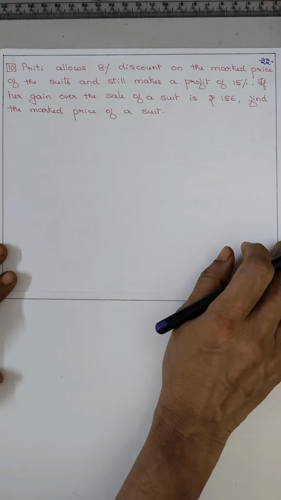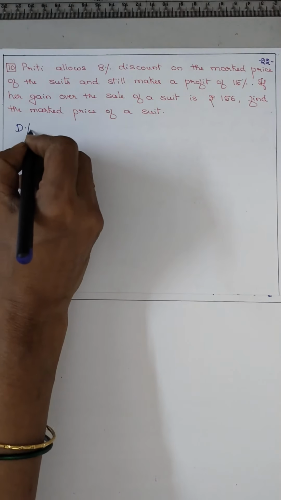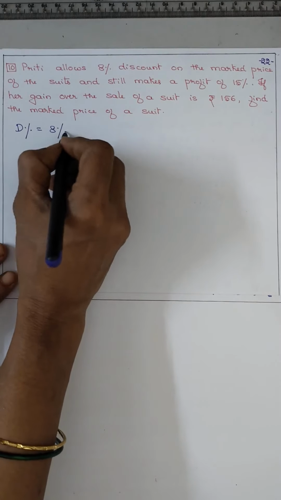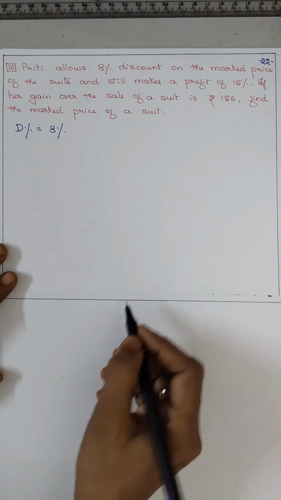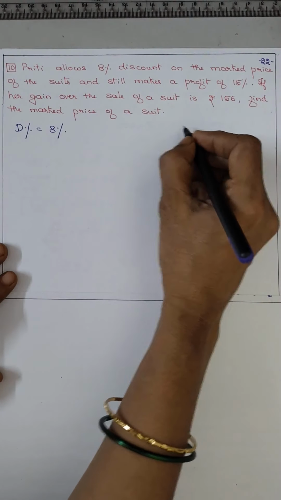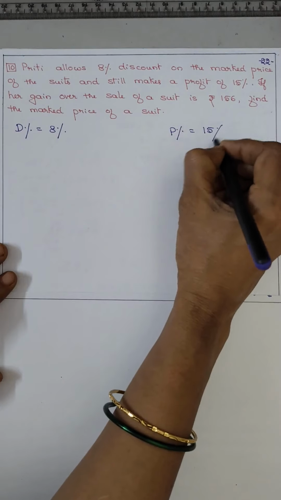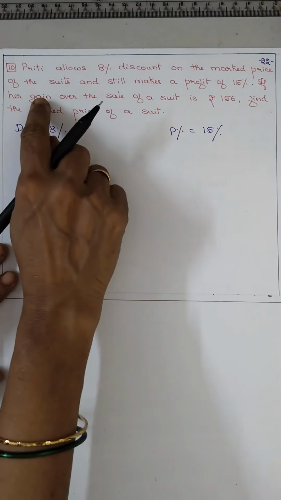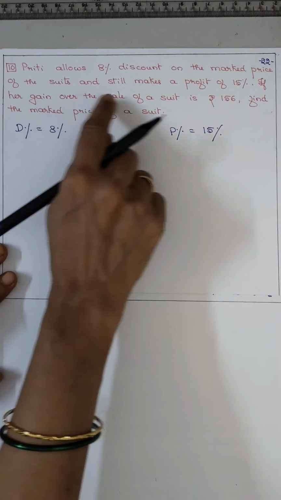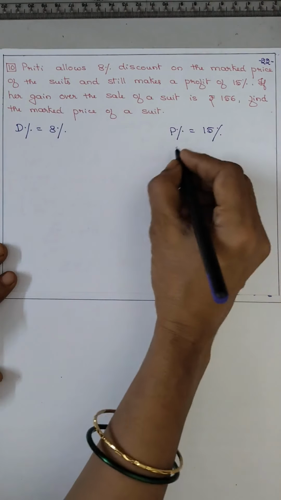So discount percent is given how much? 8%. And she still makes a profit of, profit percent 15%. If her gain over the sale of a suit, gain means what?